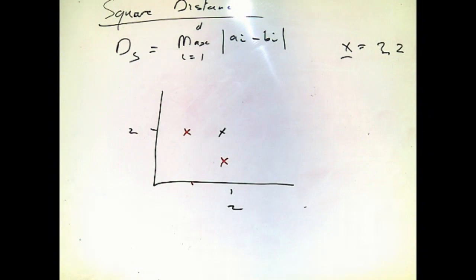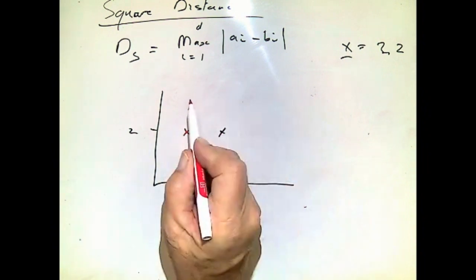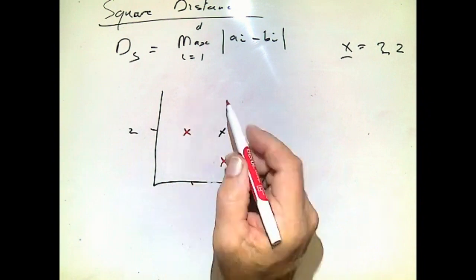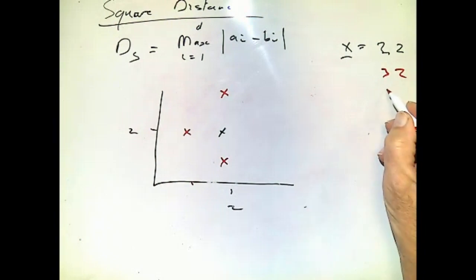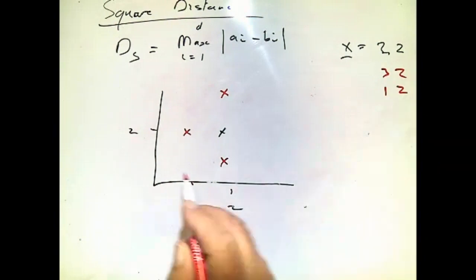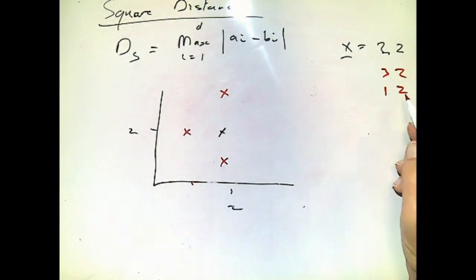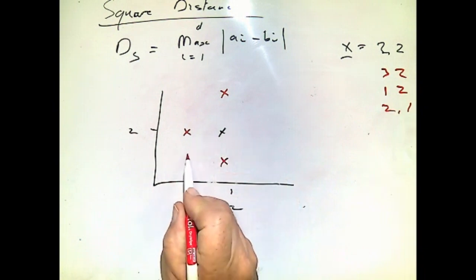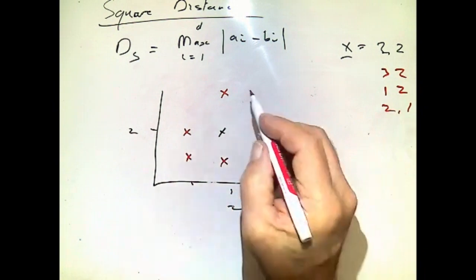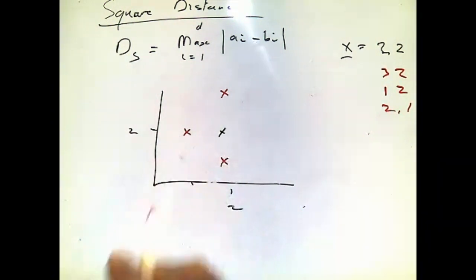Another pattern. Let's put in the 3 1s, the 3 2 and the 1 2. We've got the 1 2 there, and we've got 2 1, which is there. Yes.